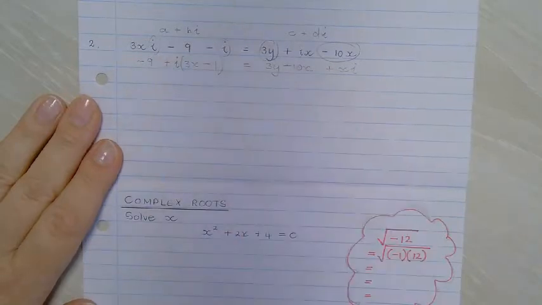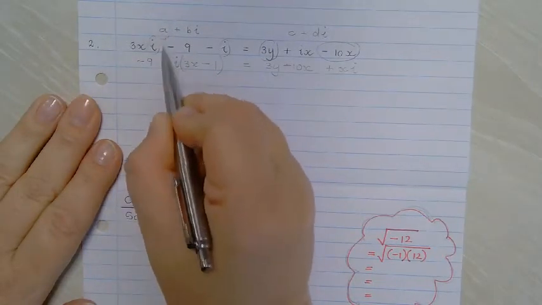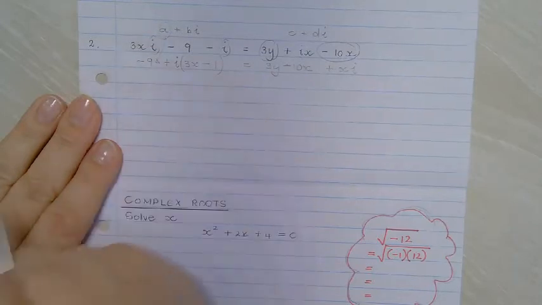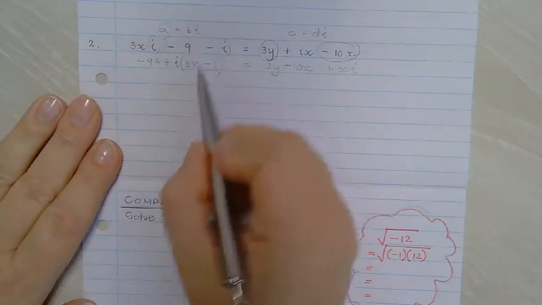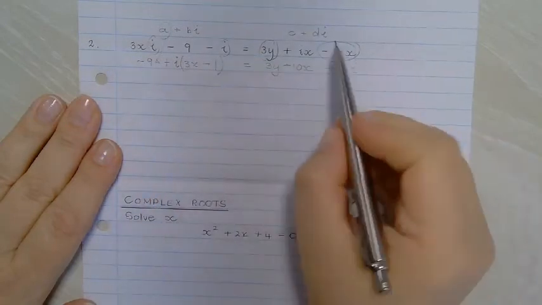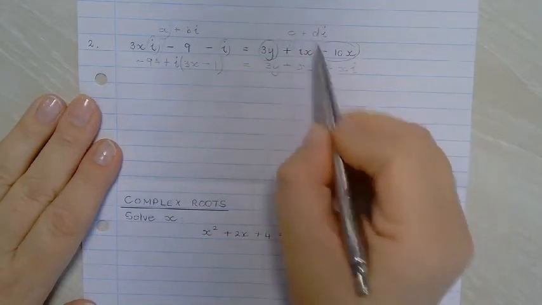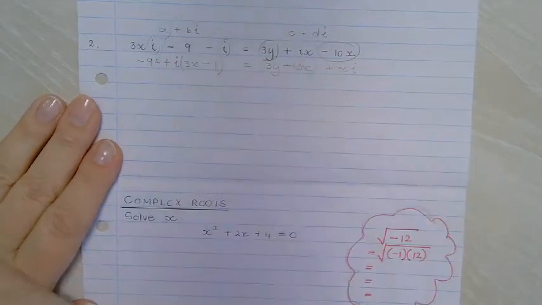If we have a look this time, our value of a will now be this -9. The value of b will be this bracket 3x minus 1. Our value of d in front of i will be x, and the c value will be both these two terms.